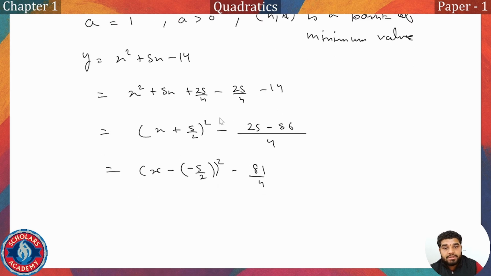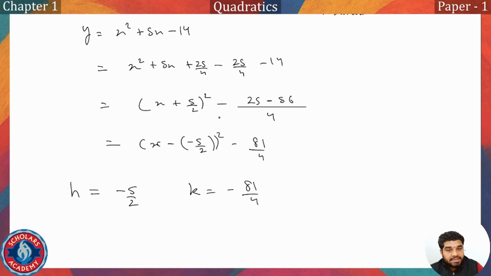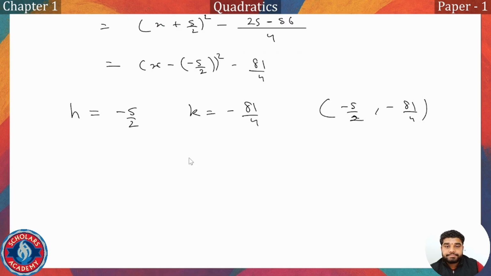So from here what we get is h is equal to negative 5 by 2 and k is equal to negative 81 by 4. So these are the two values of h and k. So the point of vertex is (minus 5 by 2, minus 81 by 4), right?